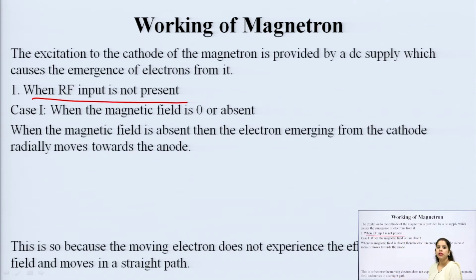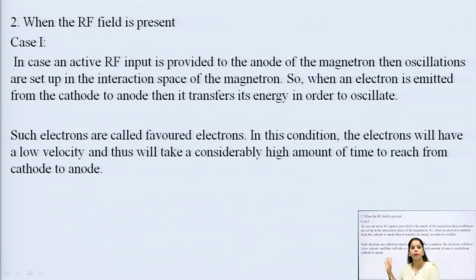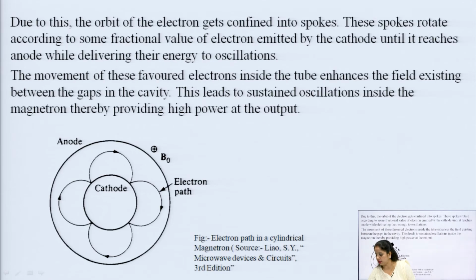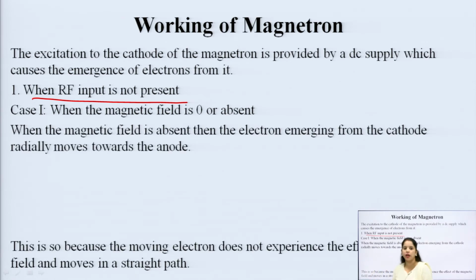In this case we will discuss 3 to 4 cases, and when RF input is present, we will also discuss 3 cases. So, let us start with when the RF input is not present. What cases exist?